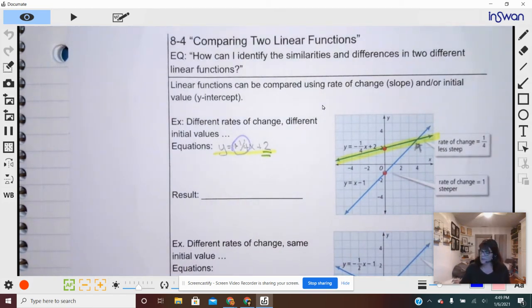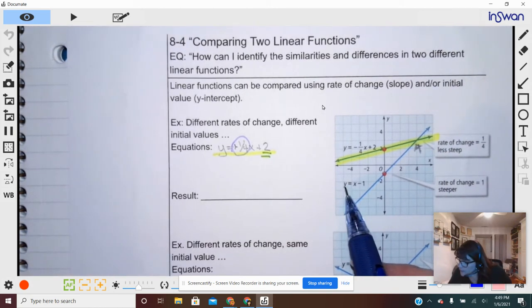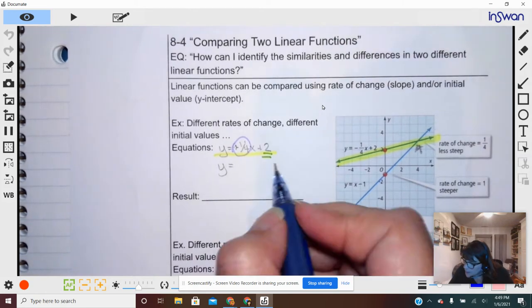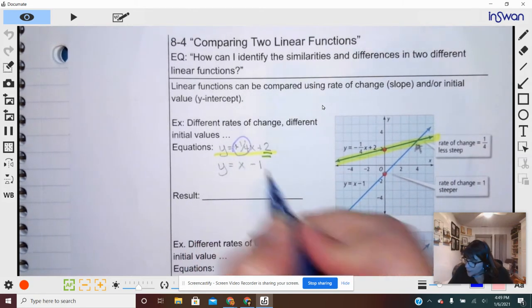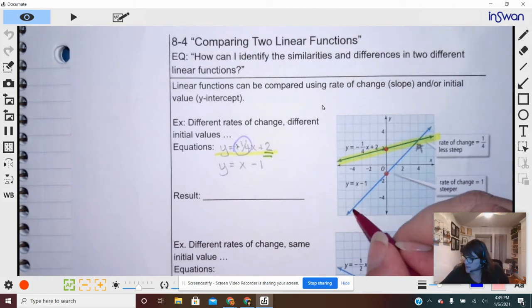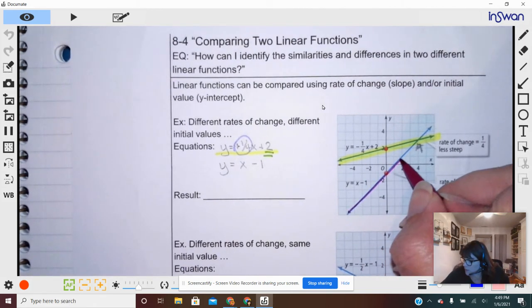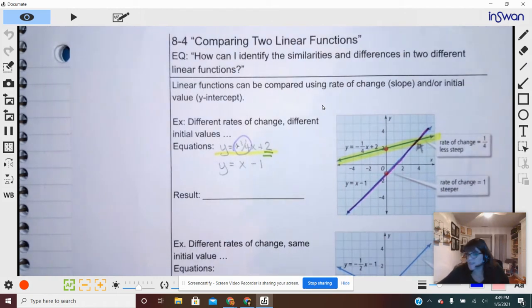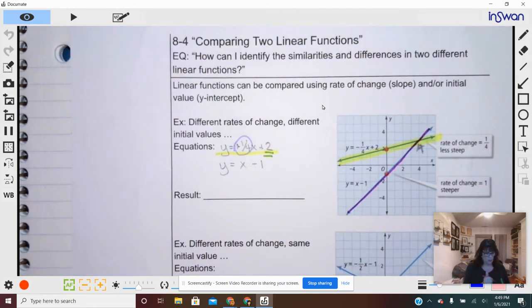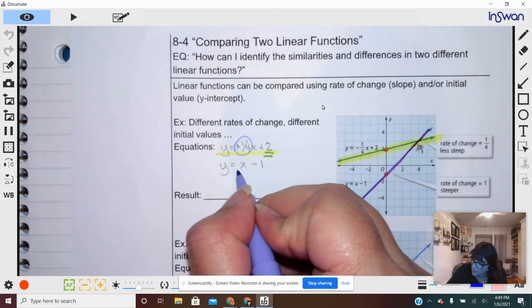Okay. The other one, the equation y equals x minus 1. Now, that is this steeper line. Still not real steep, just kind of a steady line. Your slope, once again, is here.